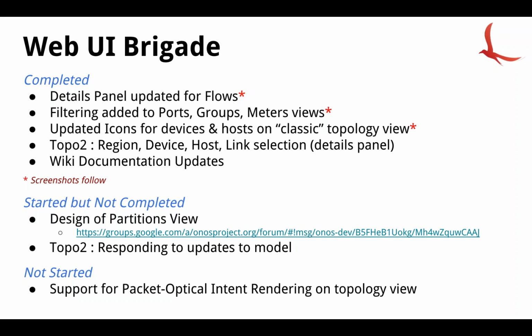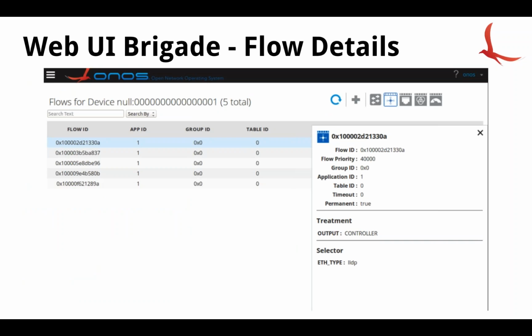So if you want to move on to the next 3 slides at a pace where people can take a look and say, ooh, yes, there you go. So here in the flow details, for example, we've pulled out treatment and selector, and each of those items will have an enumerated list of the properties rather than just the toString that is available on the expanded view of the list.